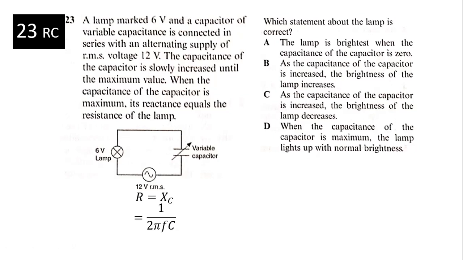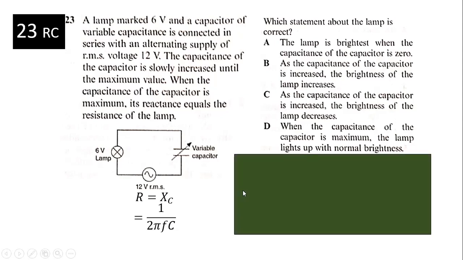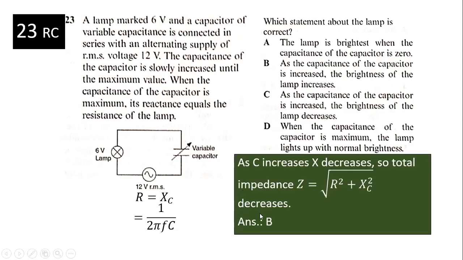XC becomes smaller. So less resistance, more current can flow, so it becomes brighter and brighter. C increases, XC decreases from this formula. So as XC decreases, your Z from this formula also decreases.